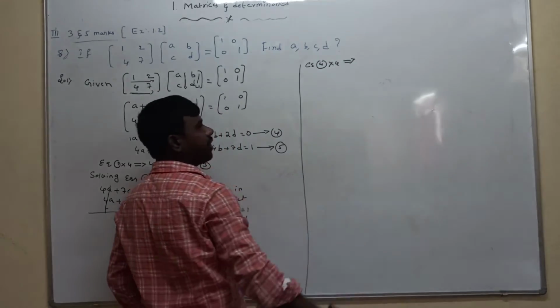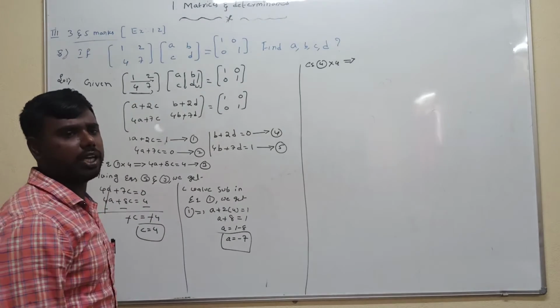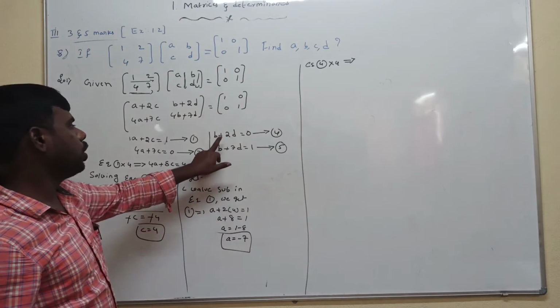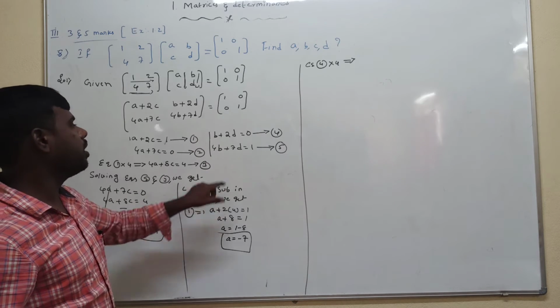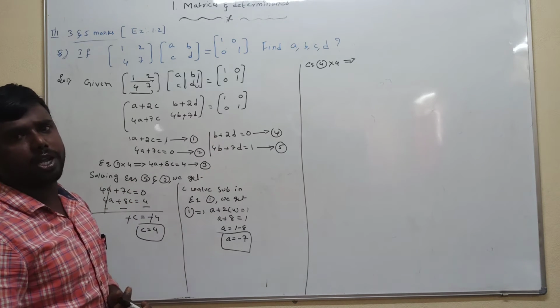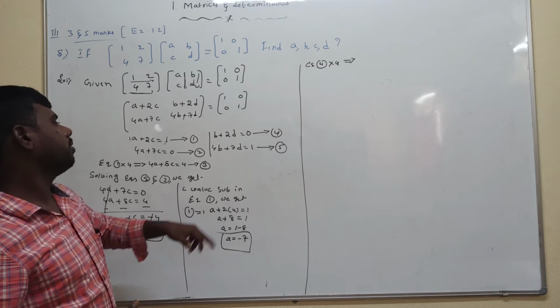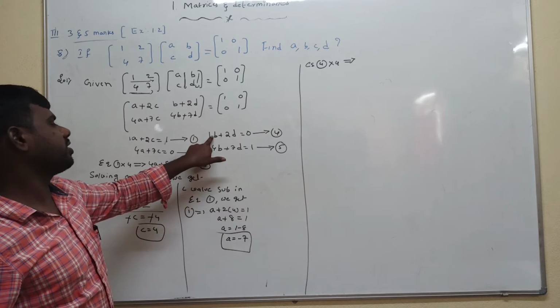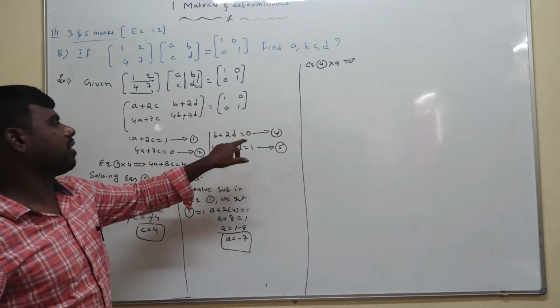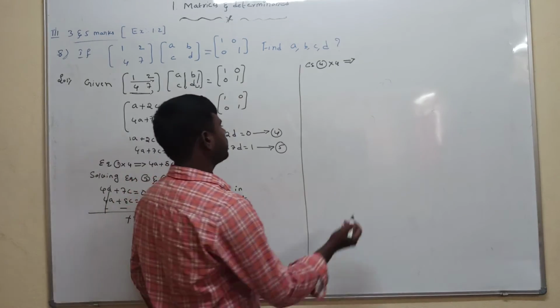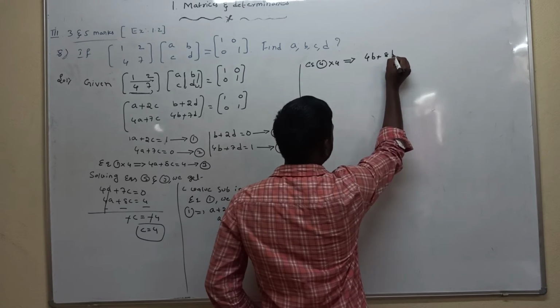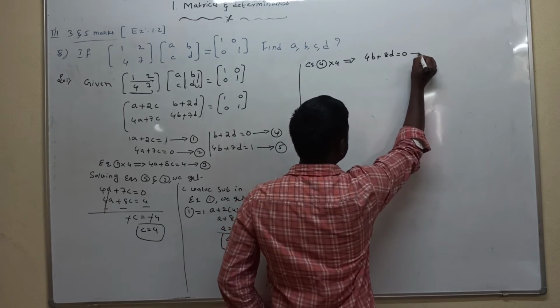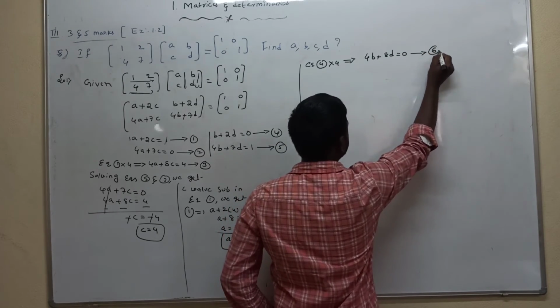The B coefficient is 4 in one and 1 in the other, so we multiply the whole equation 4 by 4. We get 4 into B is 4B plus 4 into 2D is 8D is equal to 4 into 0 is 0. Consider this equation number 6.